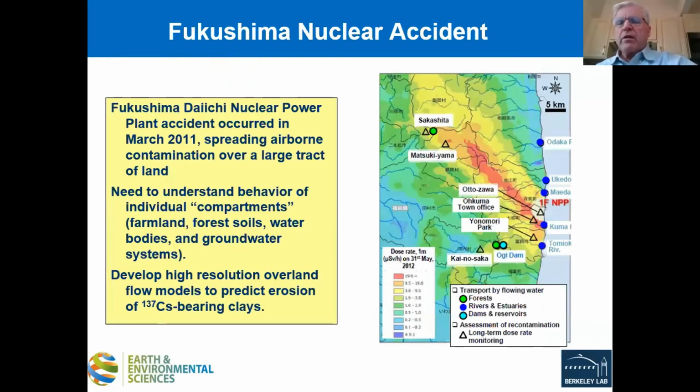So this comes back to, I won't say much of it, the Fukushima work that Kevin also talked about here. And what we were trying to do there is watershed scale modeling of the individual compartments as affected by, in particular, vegetation. So forest soils, water bodies, groundwater systems, but also forested versus farmland.